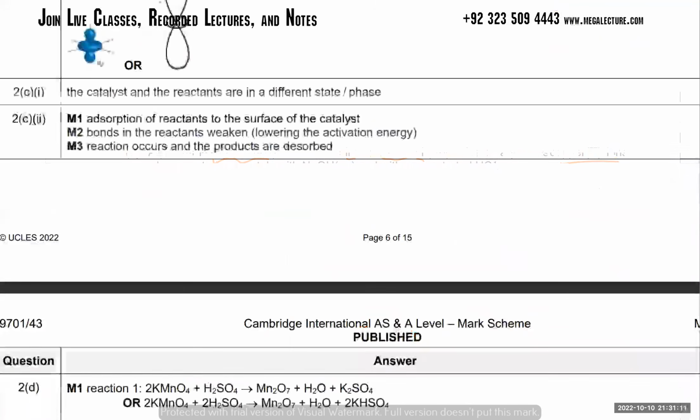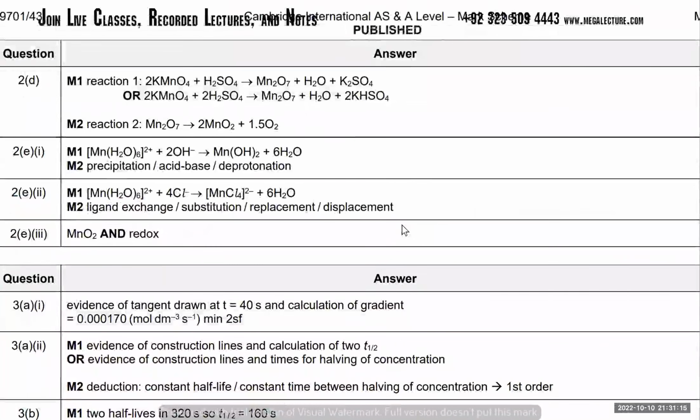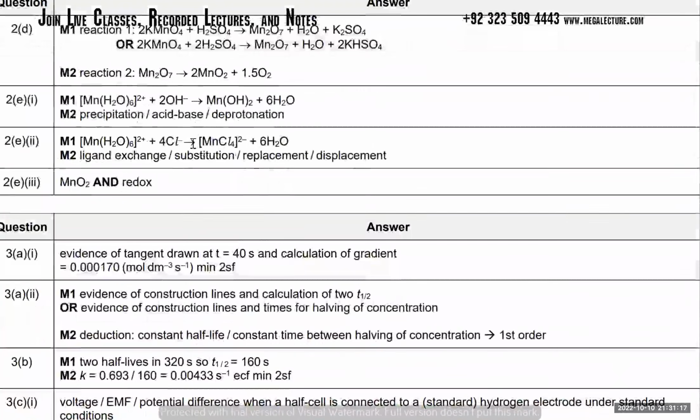Let me just check the double arrows. It should have been a reversible sign over here, but anyways, precipitation and ligand exchange, I guess. I think they just didn't have that. Also remember, Mn(OH)2(H2O)4 is the same as Mn(OH)2. Both are acceptable.